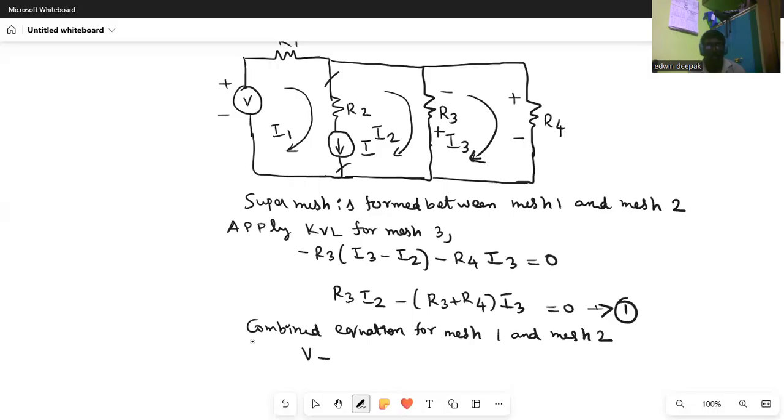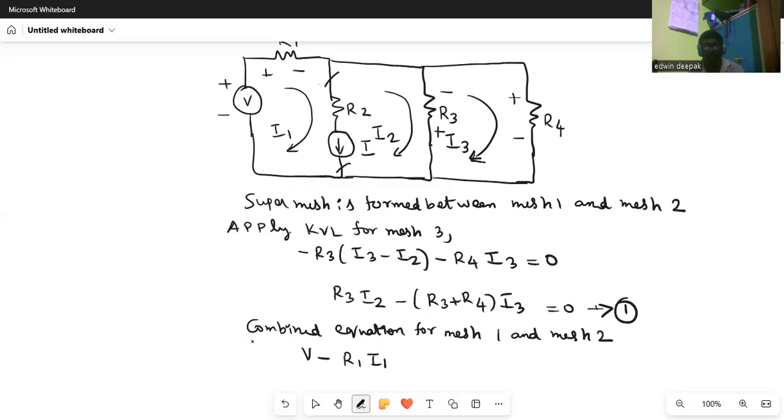V minus, here we assume the potential drop, minus R1 into I1, writing the voltage drop for this. We have to neglect this branch.